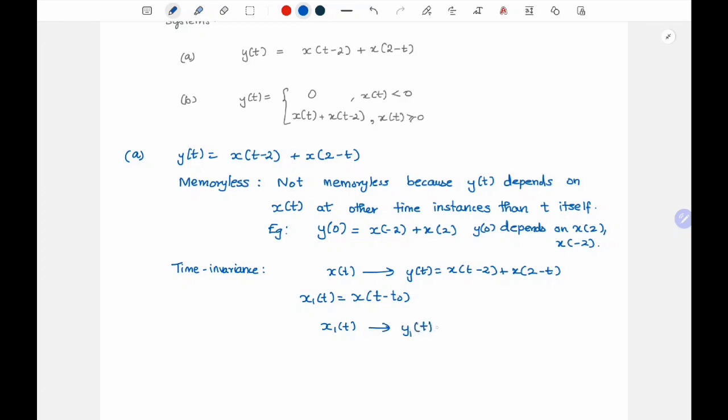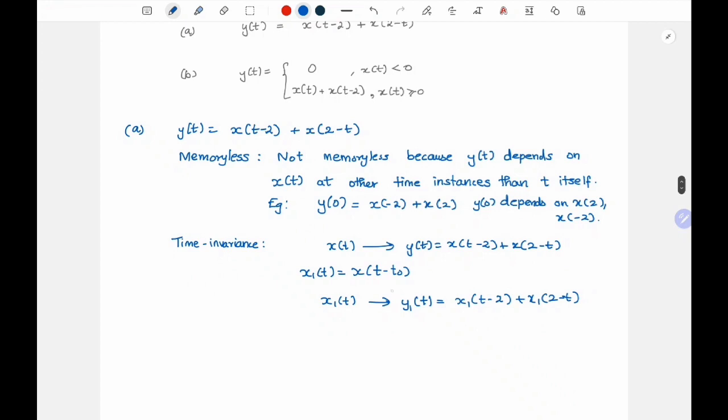So we'll get y1 of t as x1 of t minus 2 plus x1 of 2 minus t. But x1 and x are related, correct? So x1 of t minus 2 is nothing but x of t minus 2 minus t naught. And x1 of 2 minus t is nothing but x of 2 minus t minus t naught.